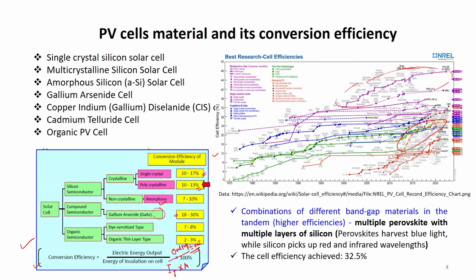In those tandem cells, they will have multiple layers of perhaps perovskites with multiple layers of silicon. What will happen if they make these multiple layers? For example, if we use perovskites, they harvest blue light while the silicon picks up red and infrared wavelengths. That is how they can increase the amount of energy falling on the substrate, and that is how we can achieve higher conversion efficiencies.